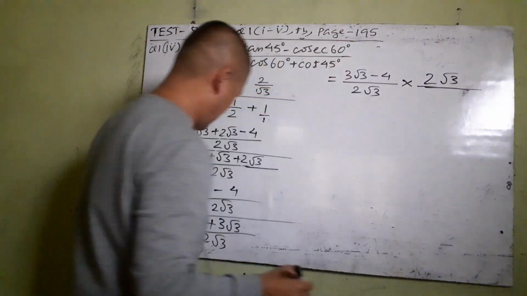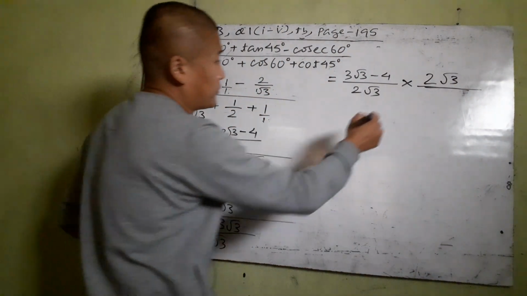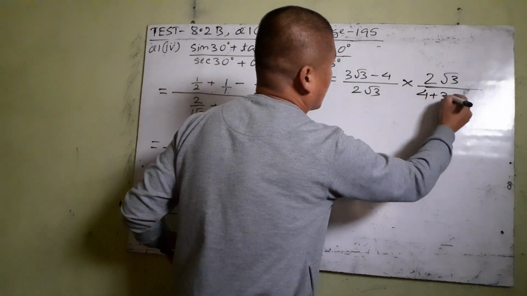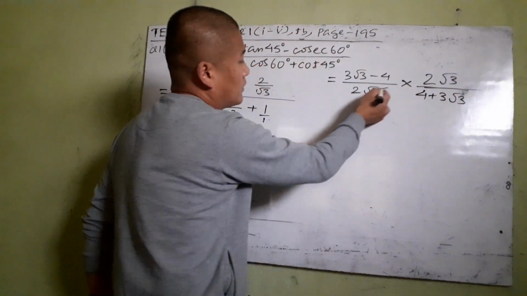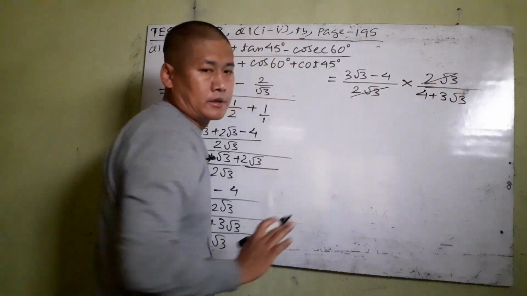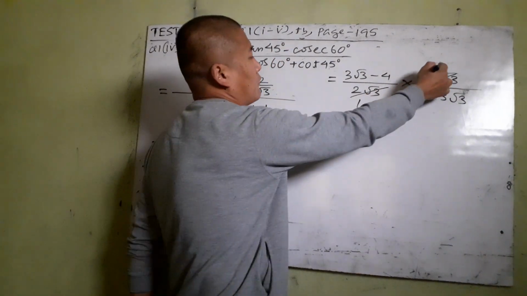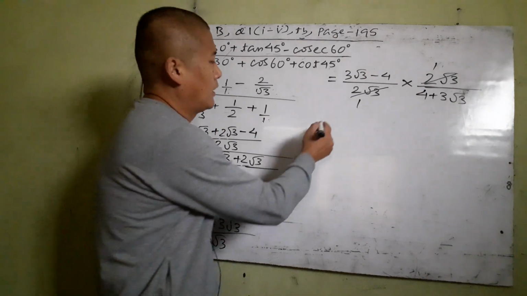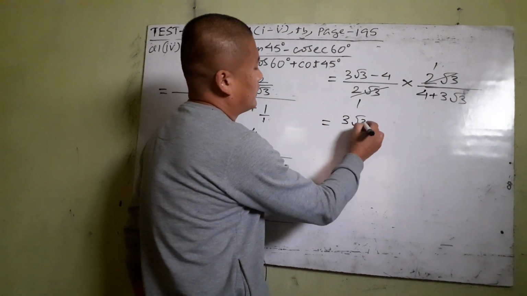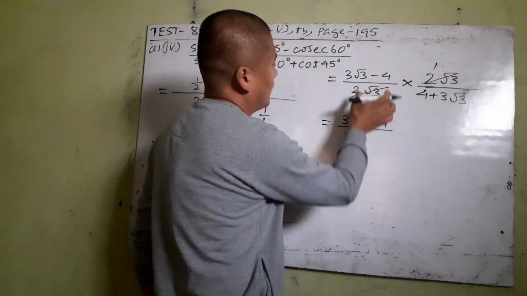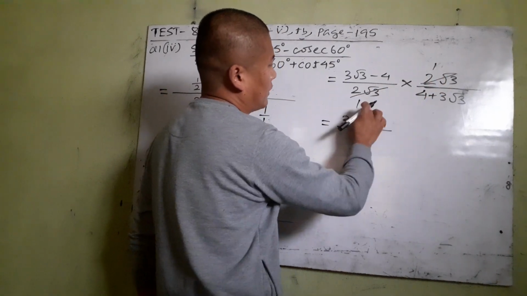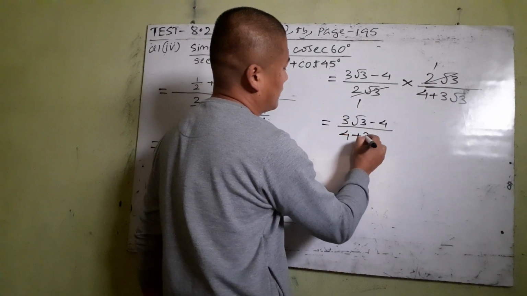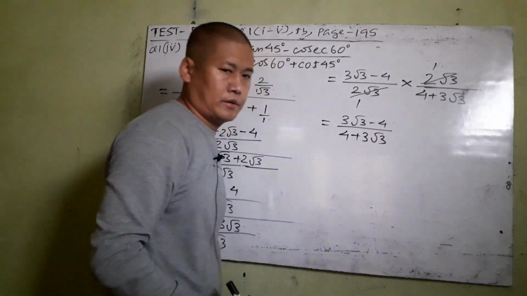And then up numerator 4 plus 3 root 3 will come down. So this 2 root 3 and 2 root 3 can cancel, therefore leaving behind 1 if you want to write. Otherwise also it's okay. Then we're left with 3 root 3 minus 4 into 1 is same thing. Then 1 into this is 4 plus 3 root 3.